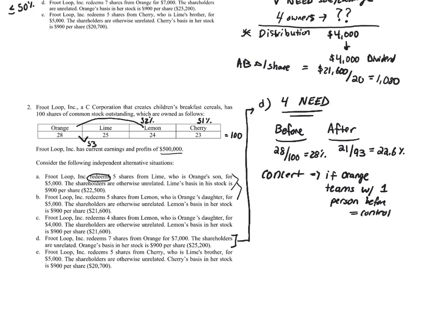So if we were to redo this chart, and I'm not going to do it with you, you could try it yourself at home, where we did Orange 21, Lime 25, Lemon 24, and Cherry 23, what you'd see is that now Orange cannot team up with one person. They have to team up with at least two people. So Orange loses that ability to team up with one person.